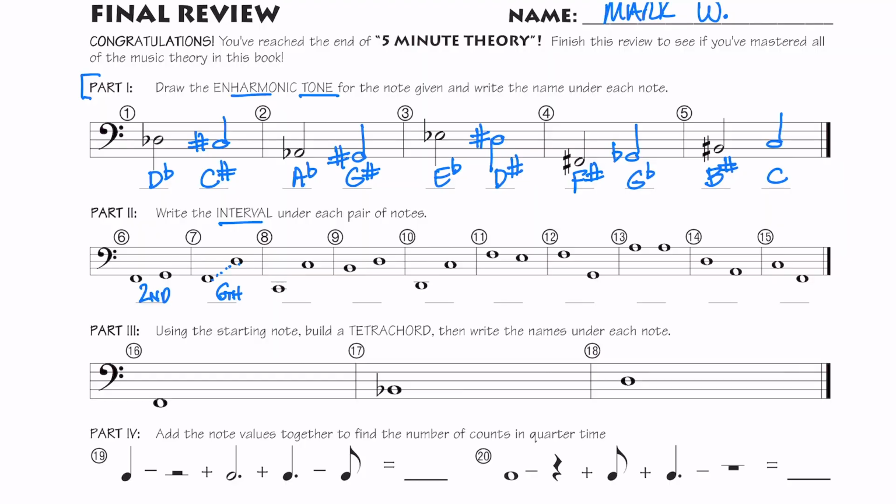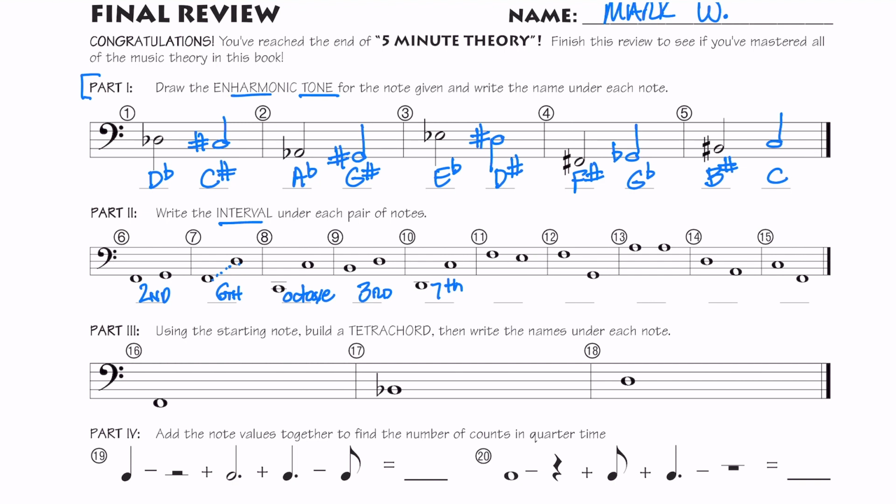All right, C to C. That is an eighth, but we call that an octave. B to D is a third. D to C, remember if it's the next letter name but the opposite, it is a seventh. Or you can count up D, E, F, G, A, B, C. So 7.